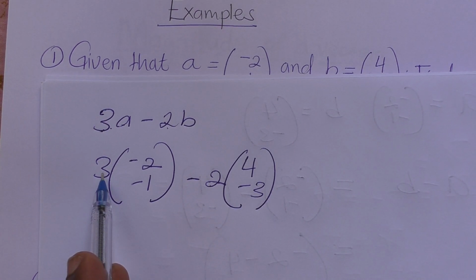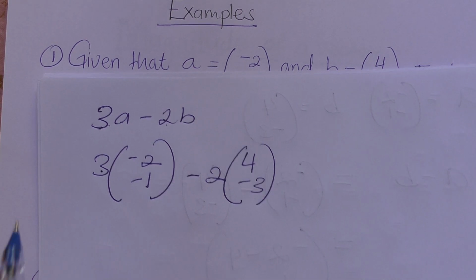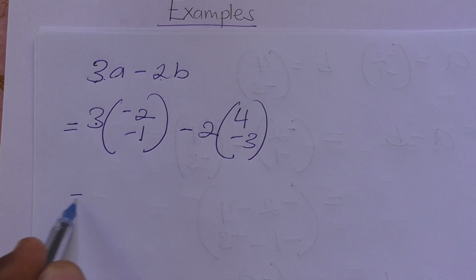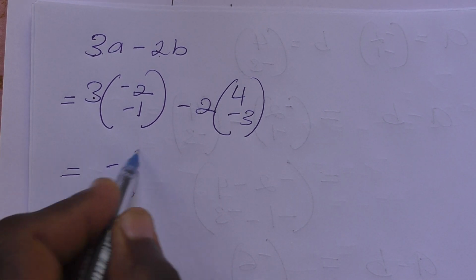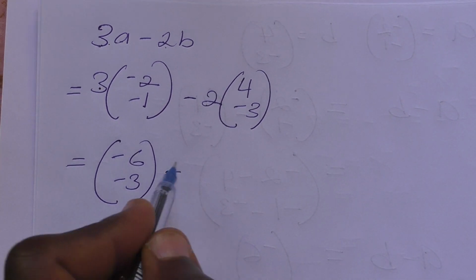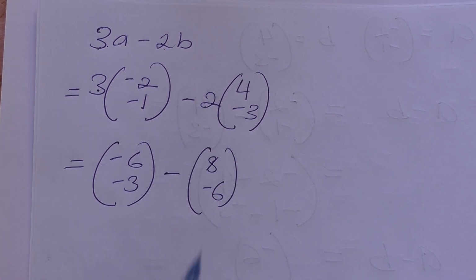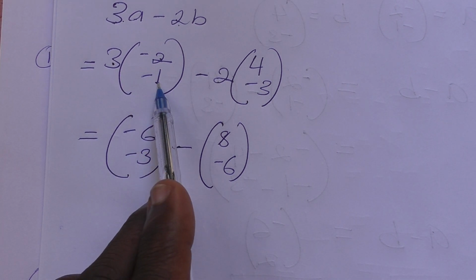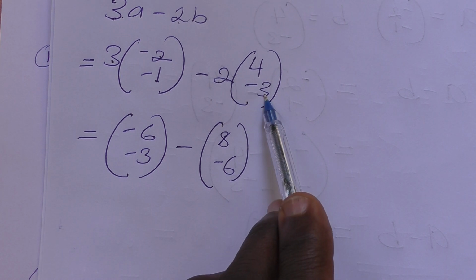But the scalars multiply every element of the vector. That is to say, we shall end up with negative 6, negative 3, minus 8, negative 6. So the 3 multiplies negative 2 and negative 1. Similarly, 2 multiplies 4 and negative 3.